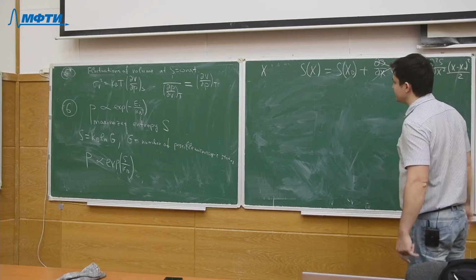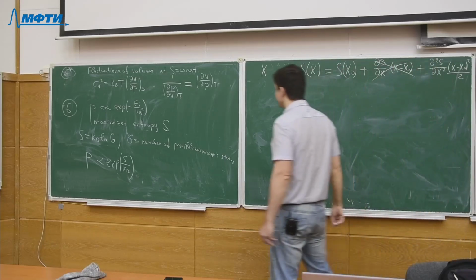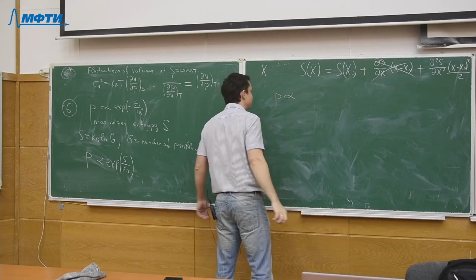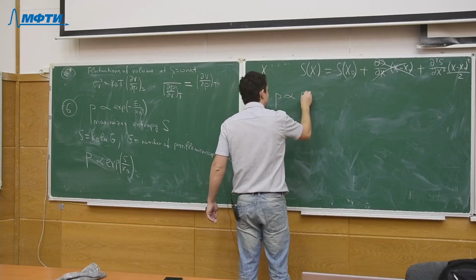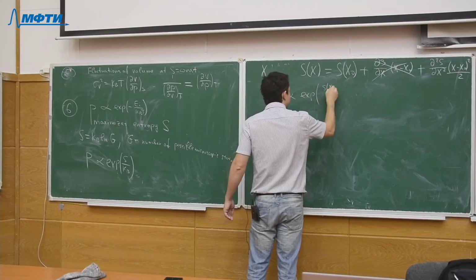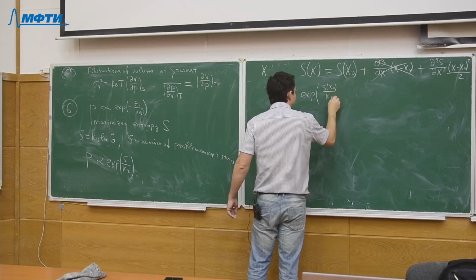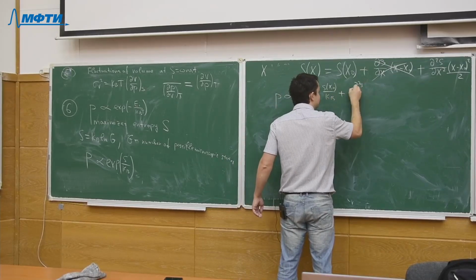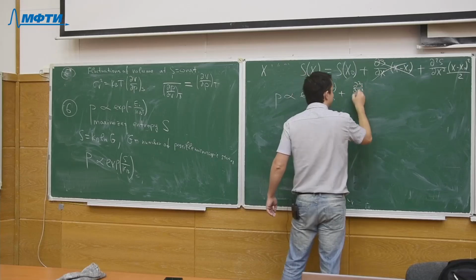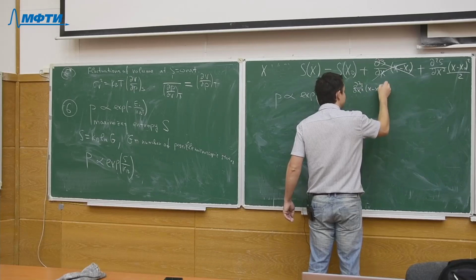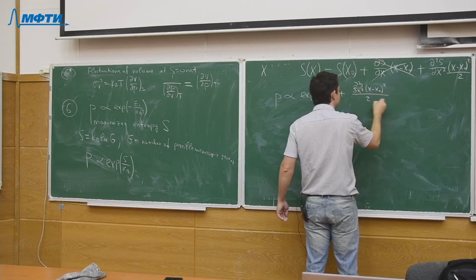And of course, the second derivative should be negative, but what's important here is that the probability can be written as exponent of S of x0 over kB plus the second derivative of entropy with respect to that macroscopic quantity x multiplied by x minus x0 squared over 2.